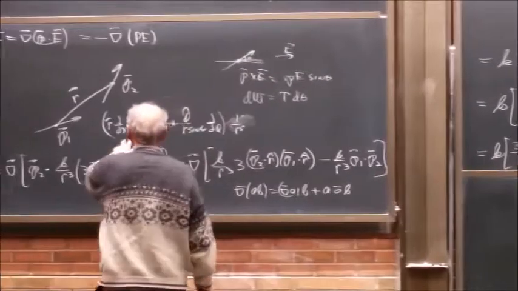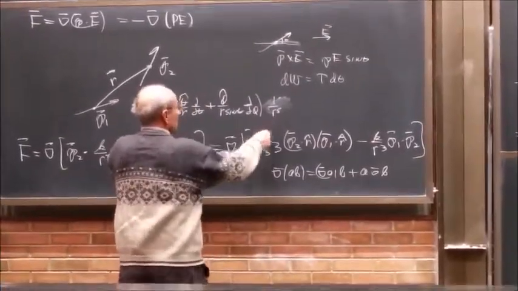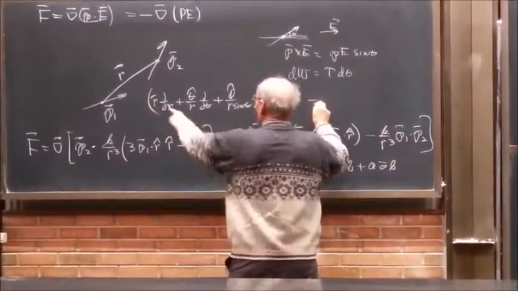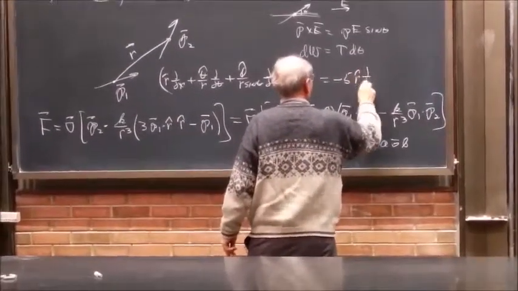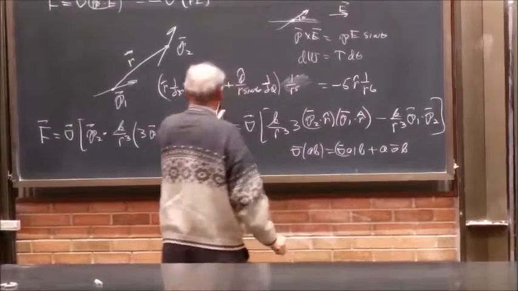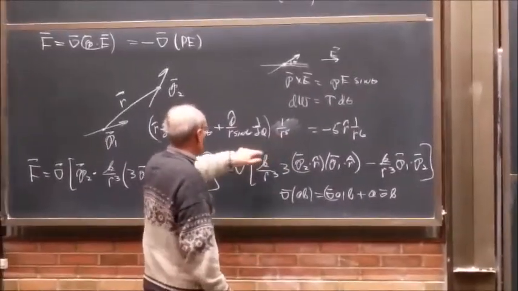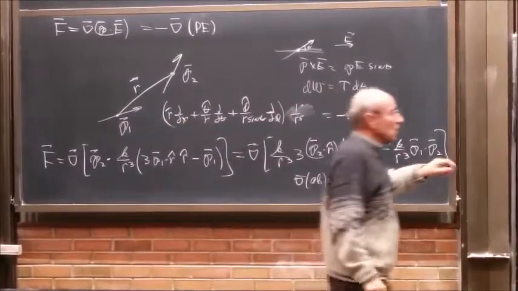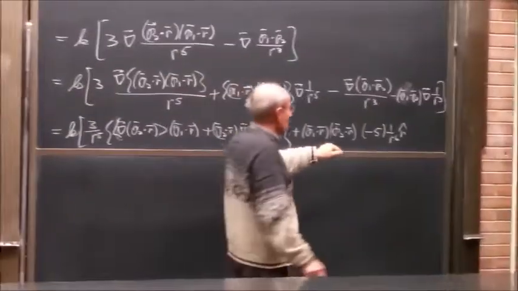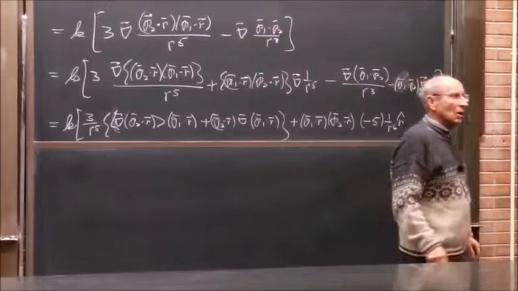And so when you do this, this one gives you minus 5 r hat 1 over r to the 6th, and all the others give you 0 because r is not theta and it's not phi. So you just get minus 5 over r to the 6th times r hat.